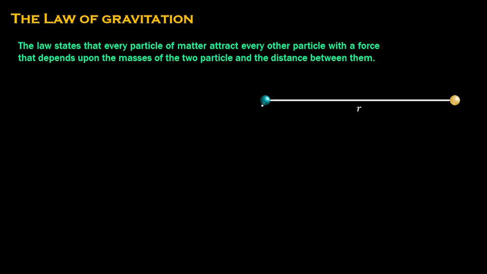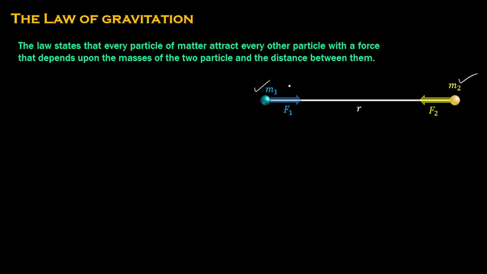Here I have shown two objects, one blue in color, the other yellow in color, and they are a distance r apart. The mass of the first object is m1 and of the second object is m2, and they attract each other. This force is always attraction, and this force of attraction is called gravitational attraction, or simply gravity.